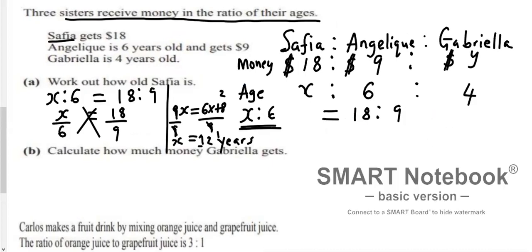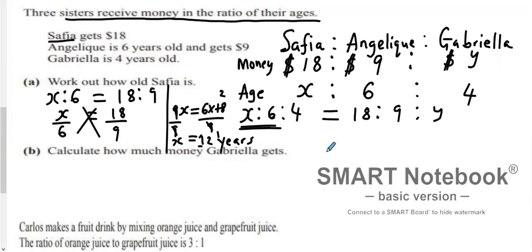So we had x : 6 : 4 equals 18 : 9 : y. So now I'm going to work out how much money Gabriela gets, the value of y.